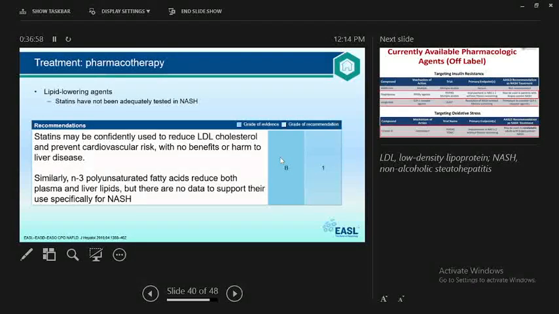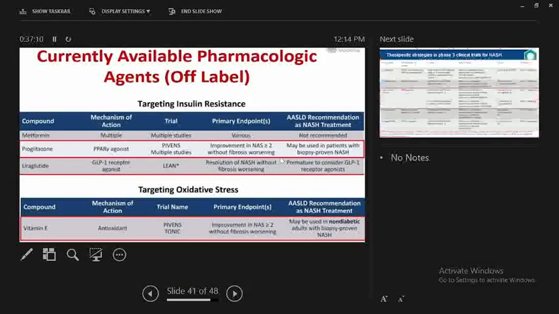If you stop statins, the patient might develop cardiac or cerebrovascular complications rather than liver complications. So this is one way for you to evaluate each and every available drug.